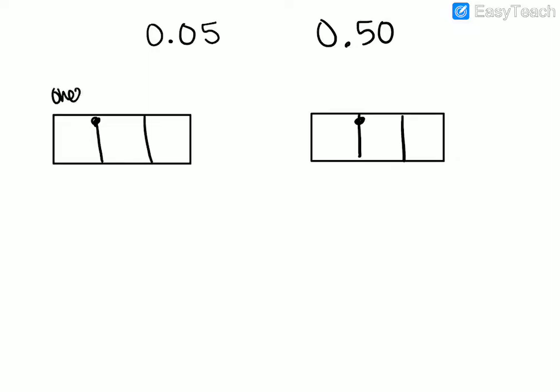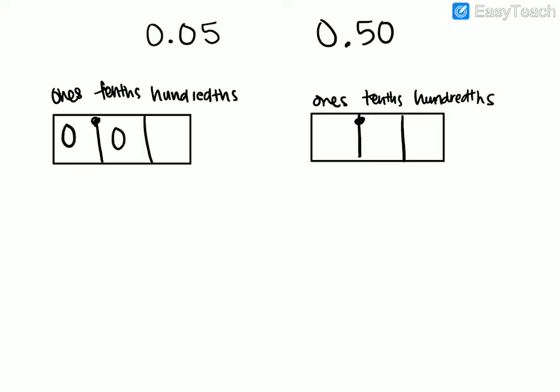Ones, tenths, hundredths. So if we have 0 ones, 0 tenths, and 5/100ths, and 0 ones, 5 tenths, 0 hundredths, what's the difference here?